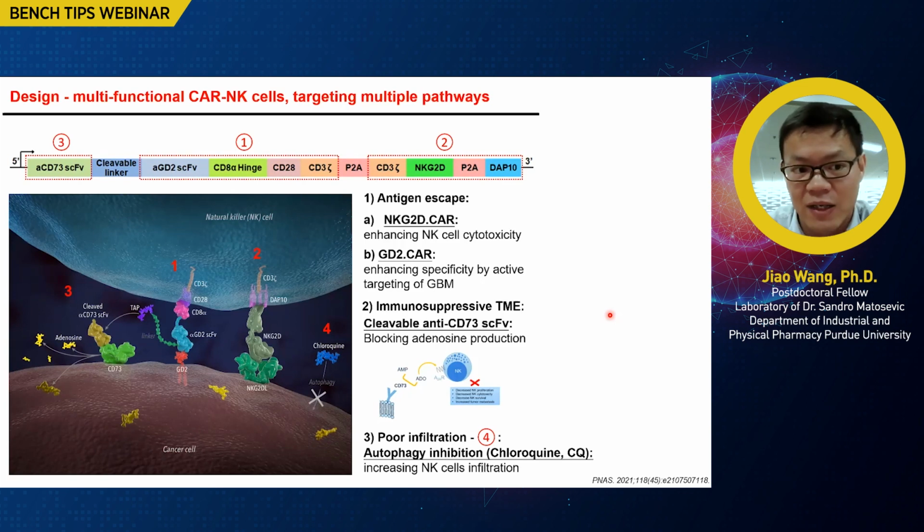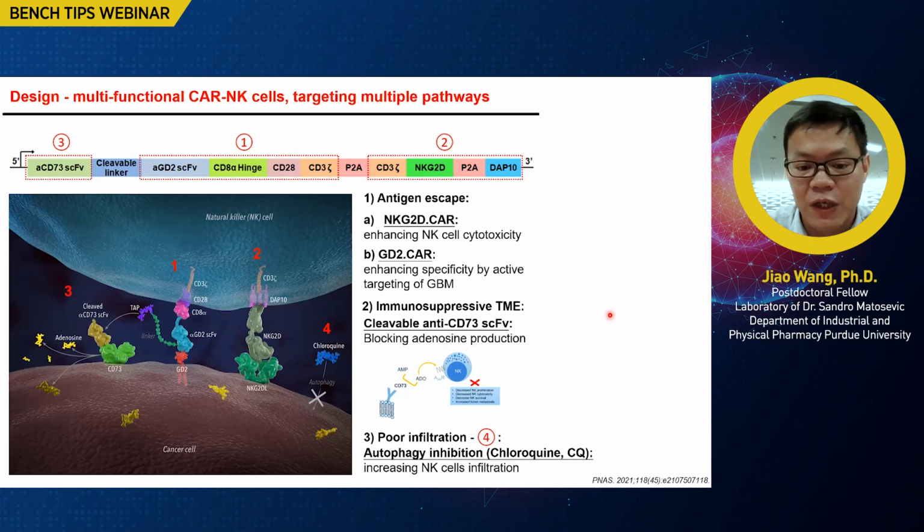The second part is a tumor-responsive, cleavable CD73 scFv. Just think about these NK cells: when they get into the tumor site, this part will be released so that it can bind to CD73 on the tumor cells, blocking adenosine production. So we can overcome this immunosuppressive tumor microenvironment.